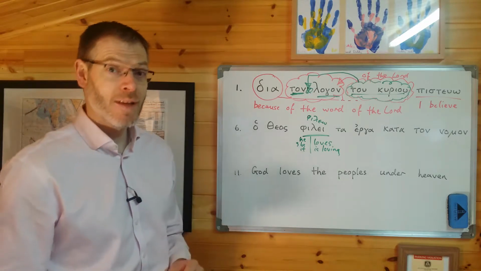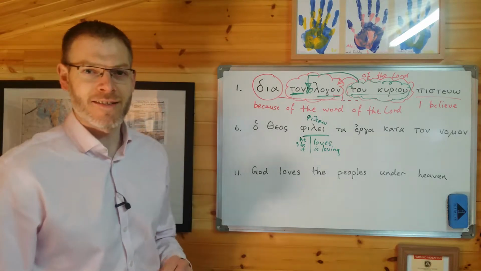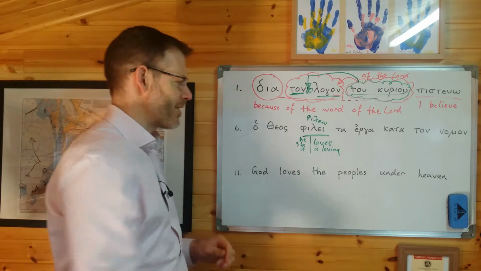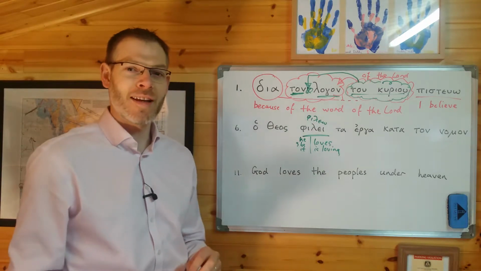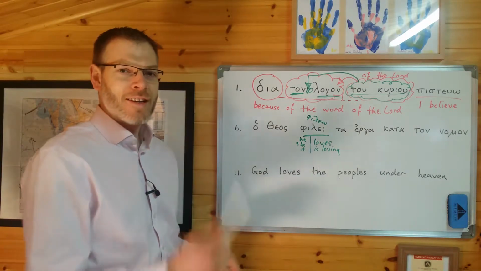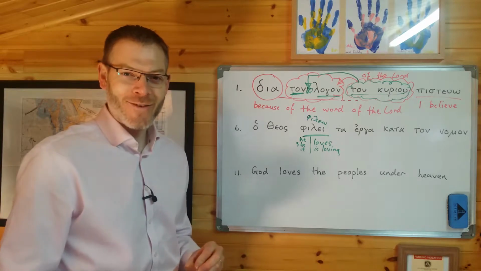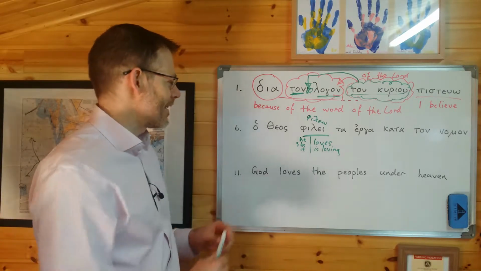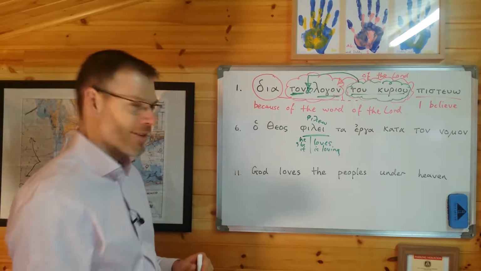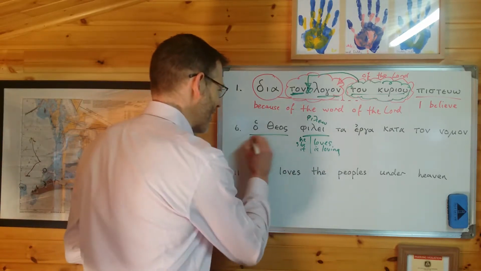That's the verb. Now, it could have a separately lexicalized subject, couldn't it? Because it's a third person verb. So if you can find a noun in the nominative, then chances are that you've found the subject of this verb. Can you find a noun in the nominative? Look along here. Yes, of course you can. Here's a noun in the nominative.